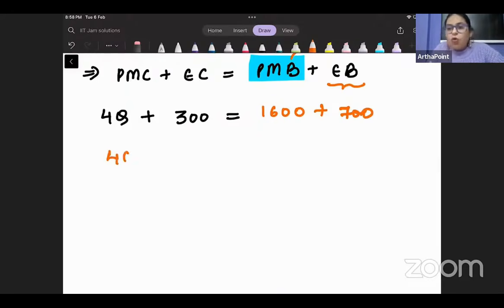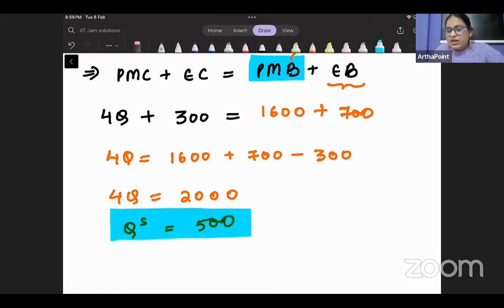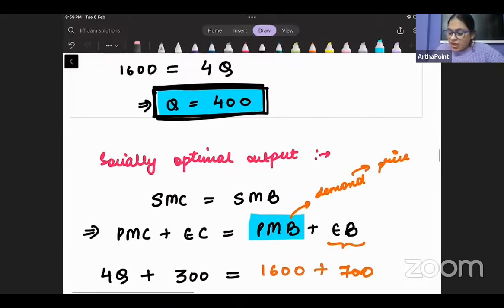So I will get 4Q is equal to 1600 plus 700 minus 300. So 4Q is equal to 2000. So Q socially optimal will be 500.